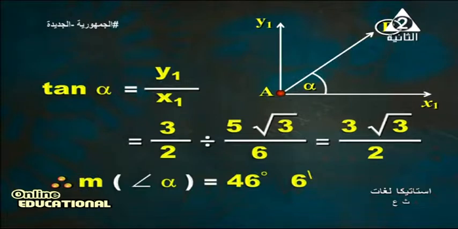This is an important example. Maybe it is multiple choice: choose the correct answer, tan alpha equals 3 root 3 over 2 or root 3 over 2. We must solve by this method. And maybe a second question: measure of angle alpha equals, choose the correct answer, 46 degrees 6 minutes, 43 degrees 6 minutes, and so on. Then we can solve this by these steps.